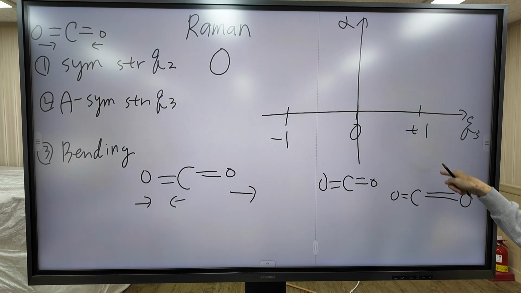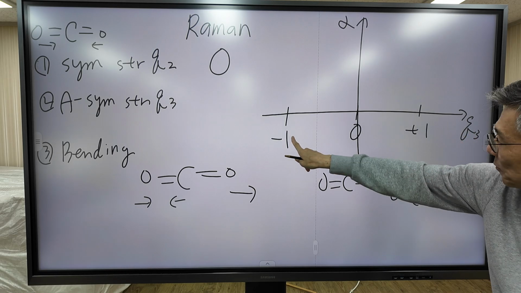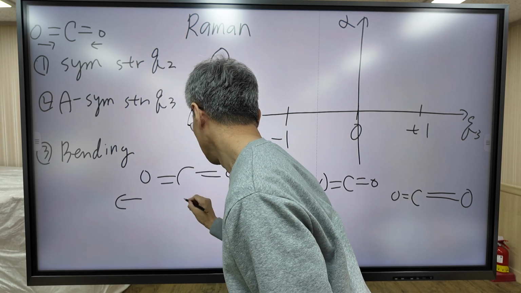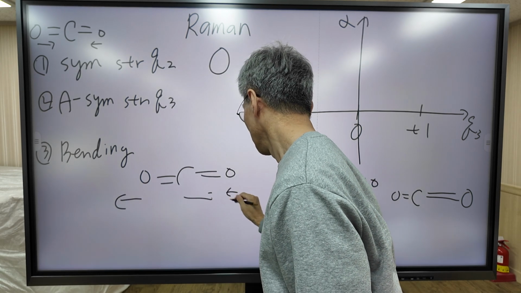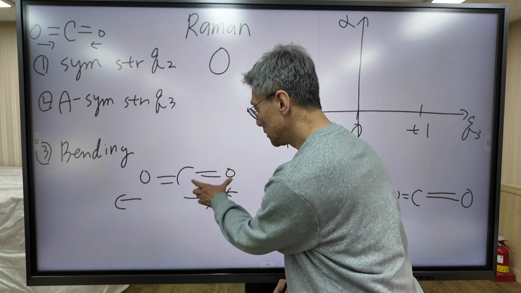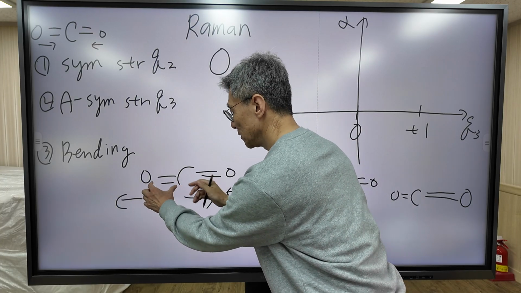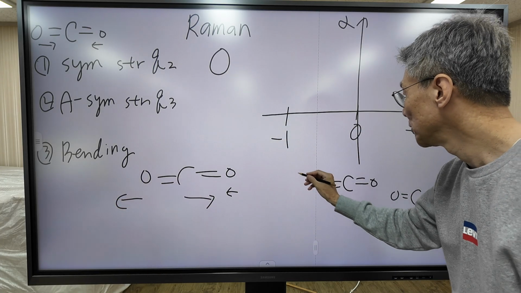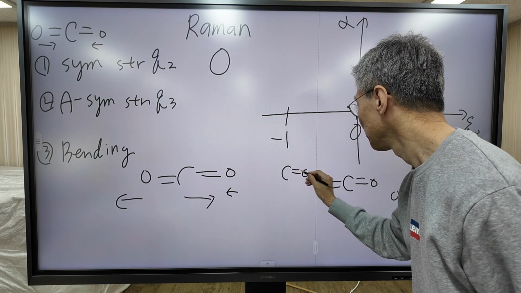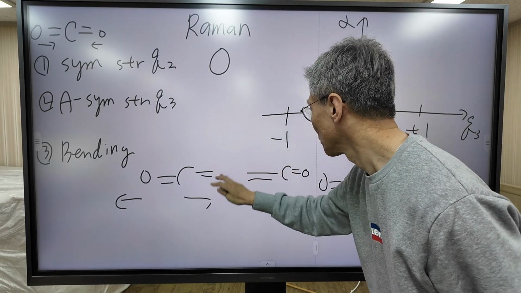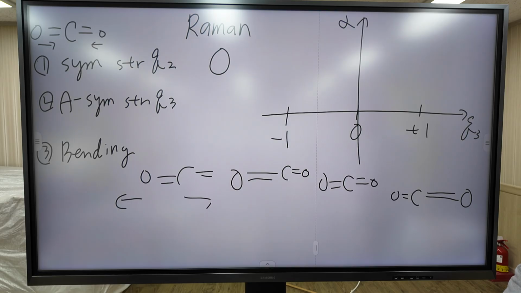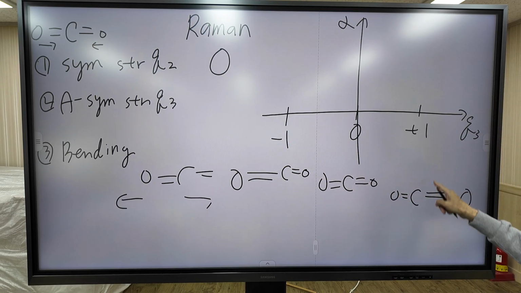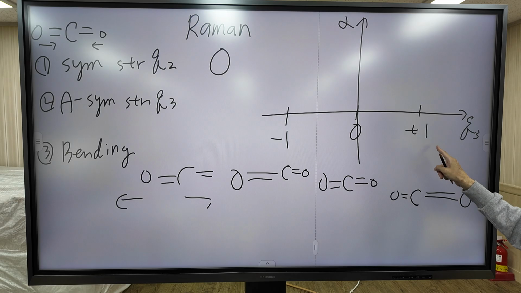When Q3 equals minus 1, this bond stretches, this bond compresses, so the molecule looks like this. This is the molecular shape when Q3 equals minus 1, and this is the molecular shape when Q3 equals plus 1.